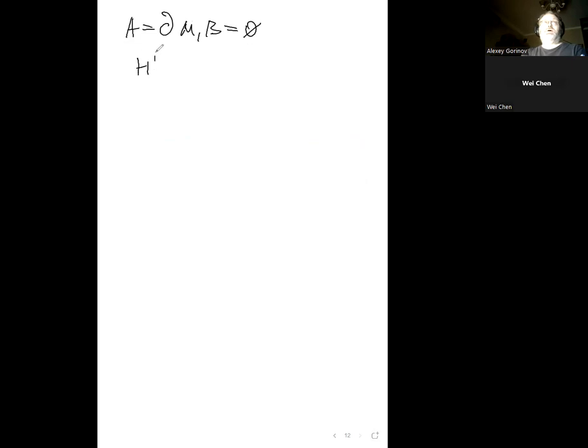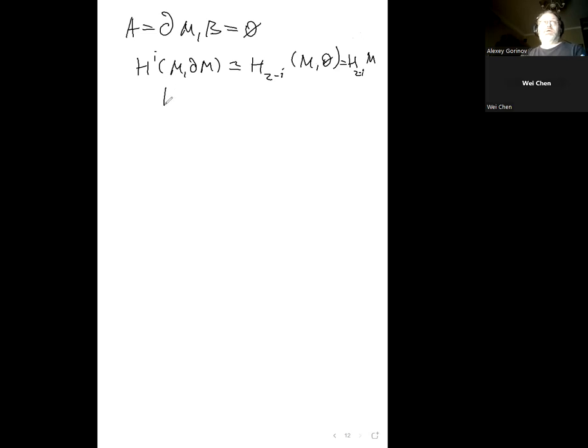H I of M dm. So it's isomorphic to H2 minus I of M mod the empty set, which is the same as H2 minus I M. Well, let's see what this group is.